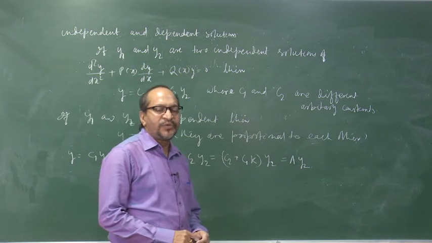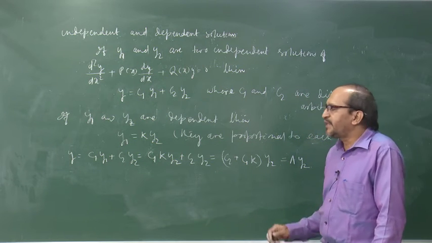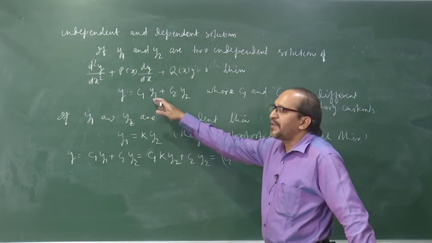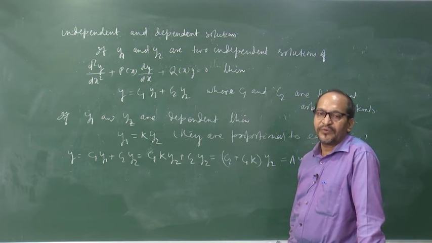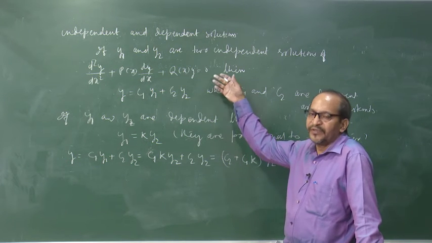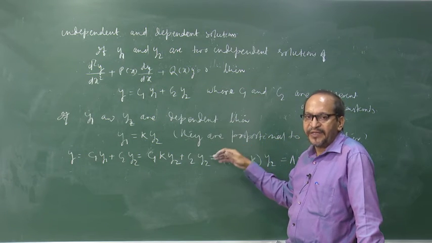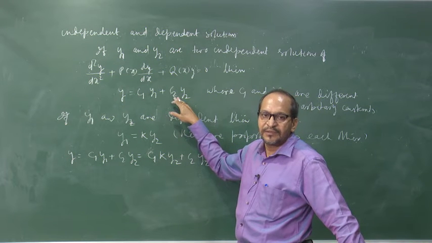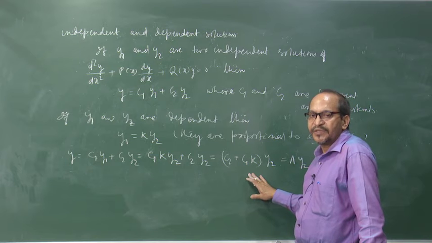That means, when y1 and y2 are dependent solutions, we cannot express y in terms of two separate coefficients of y1 and y2. So, this is the meaning of dependence and independence. When y1 and y2 are dependent solutions, they cannot be expressed in terms of two separate constants. They will always reduce to a single constant, single coefficient.